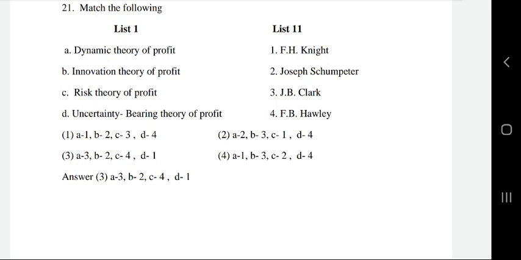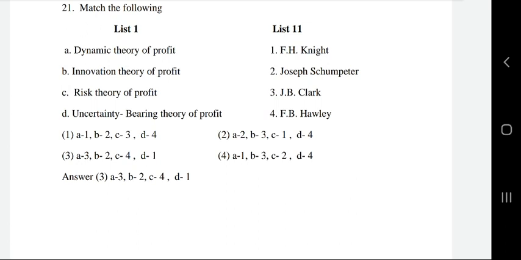So, innovation theory of profit is related with Joseph Schumpeter. And the risk theory of profit established by Hawley suggests that an entrepreneur's profit depends on his risk-taking behavior. So, C matched with 4.